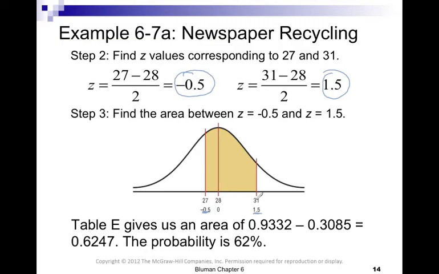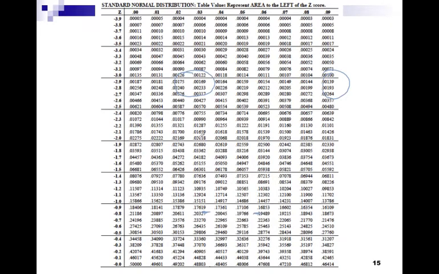And so let's see, negative 0.5. So here's our negative 0.5. Whoop, no, that's wrong. 0.5 is right here.